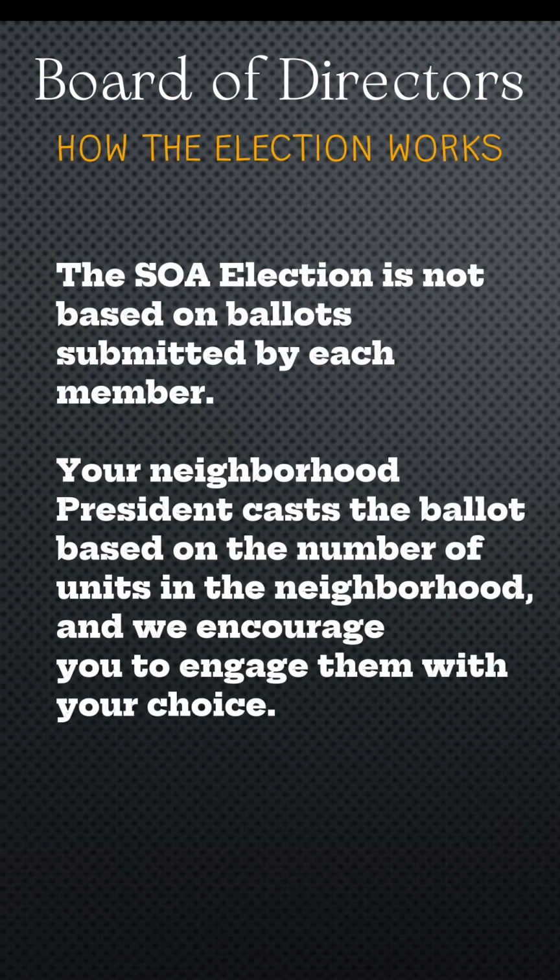So the SOA election is not based on ballots submitted by each member. Your neighborhood president casts a ballot for your neighborhood, and we encourage you to know the candidates and make your voice heard to your president as to who you believe should be elected.